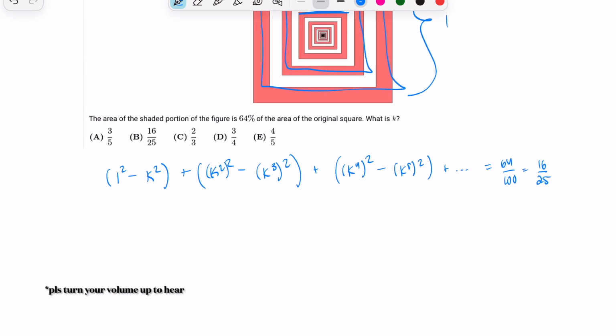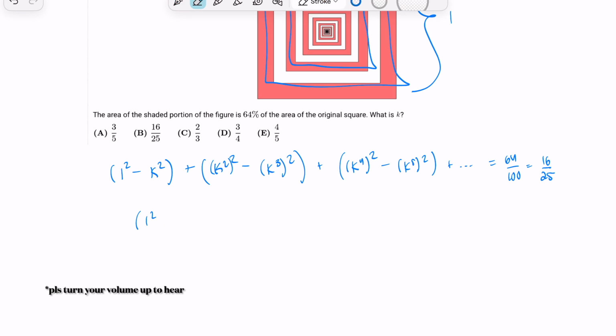We can rewrite the left side as 1 squared plus k to the 4 plus k to the 8 plus ..., minus k squared plus k to the 6 plus k to the 10 plus ..., which equals 16 over 25.